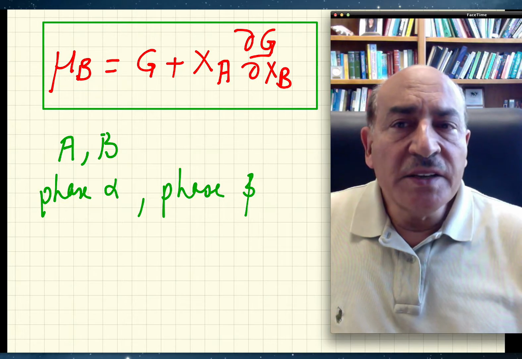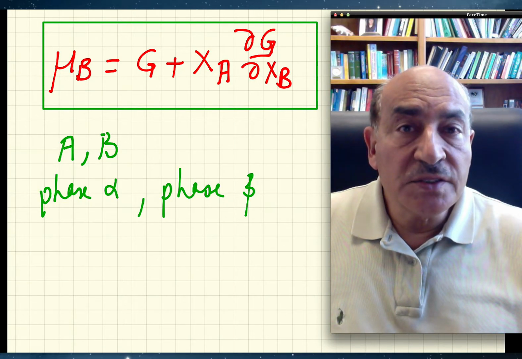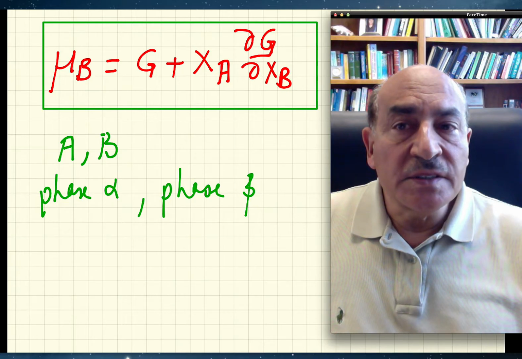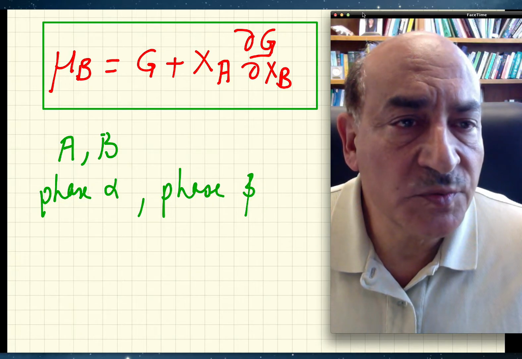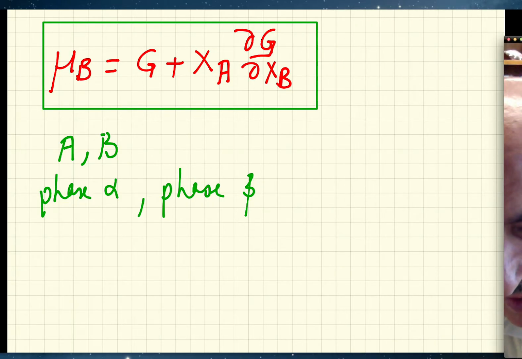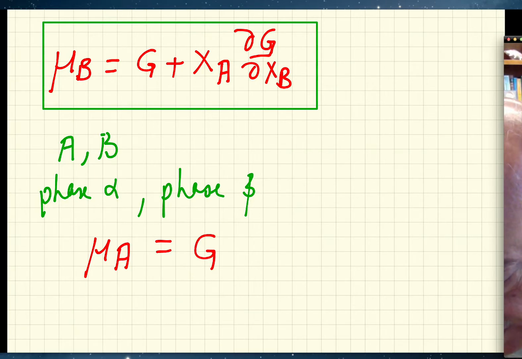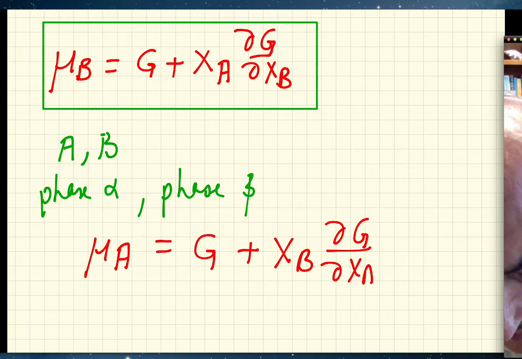Similarly, I can write an equation for the chemical potential of the element A, and that would look like this. So let me remove myself here to give more space, and then I have here mu of element A will be also equal to G, whatever G is, G of phase alpha or phase beta, so it'll be G plus x sub B times dG by dxA.